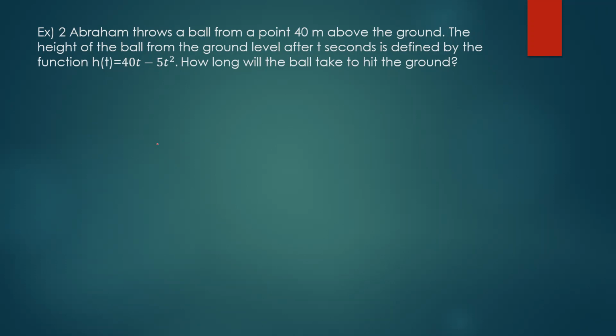Okay, so they tell us our function. Then what I would do is maybe draw an image. So he throws the ball from the point of 40. So you're on some kind of cliff or a building. Whatever it is, the length is 40.